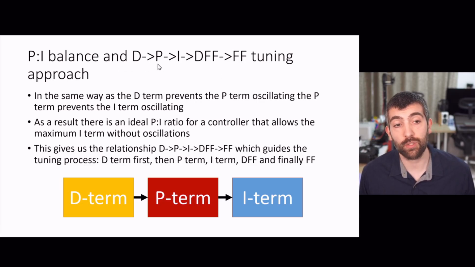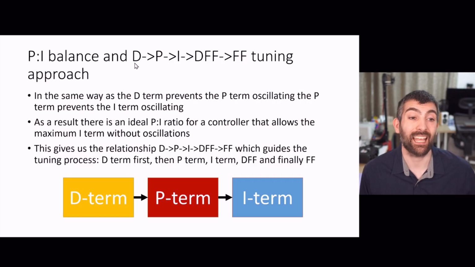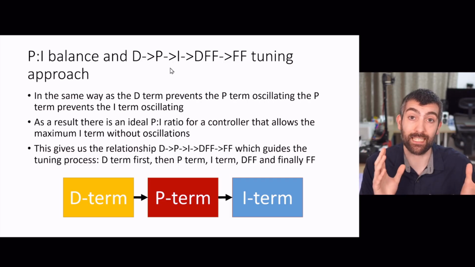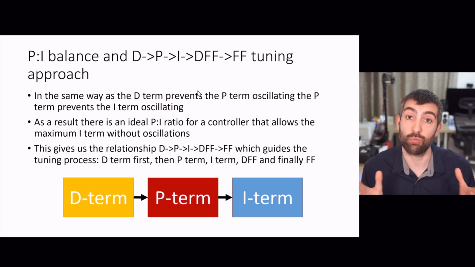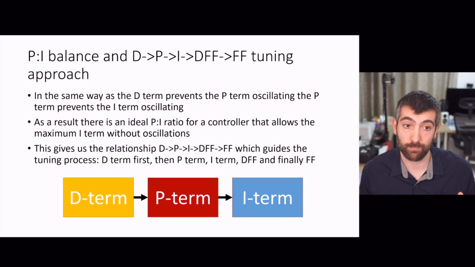The reason we're doing the tune in this order is that there are particular relationships between these terms that need to be respected. The D term prevents the P term oscillating, so there is a correct ratio between the P and D terms. Similarly, the P term prevents the I term oscillating, so there is a correct relationship between the P and I terms.